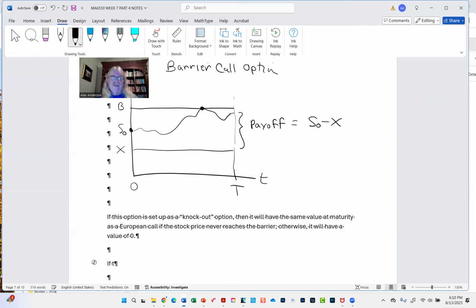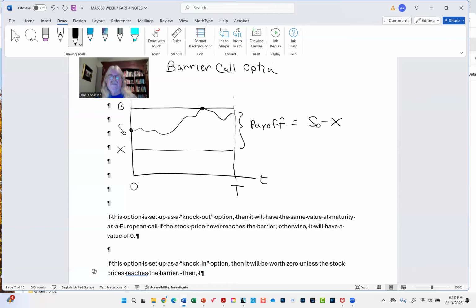Now, if this option is set up as a knock-in option, we can put yes for this result. Then it will be worth zero unless the stock price reaches the barrier.